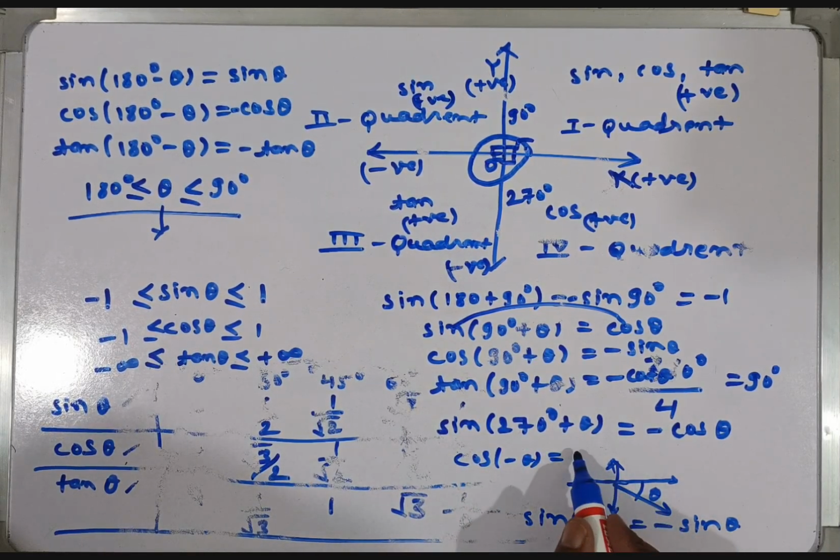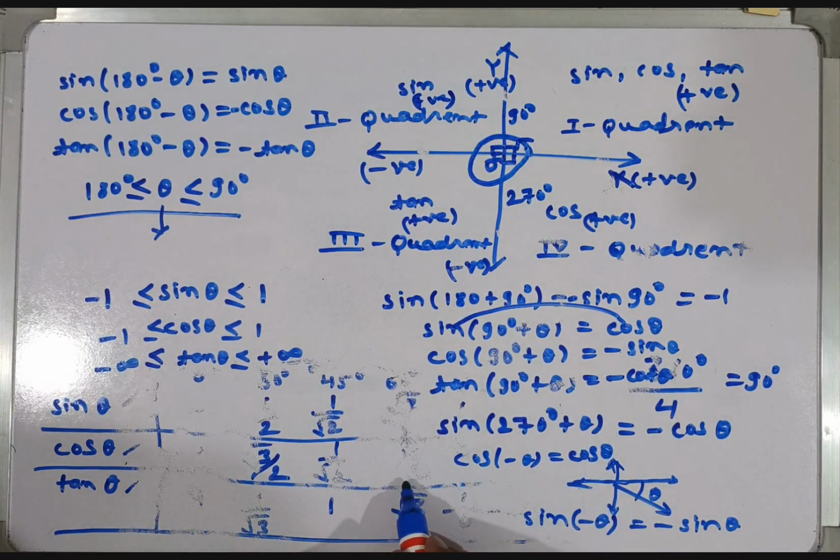This is cos theta, because this falls in the fourth quadrant, which is the quadrant for cos, so a positive sign comes. Tan of minus theta is minus tan theta.